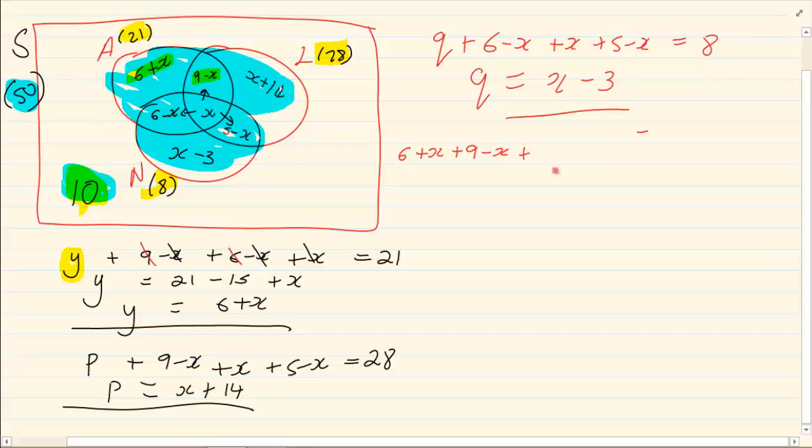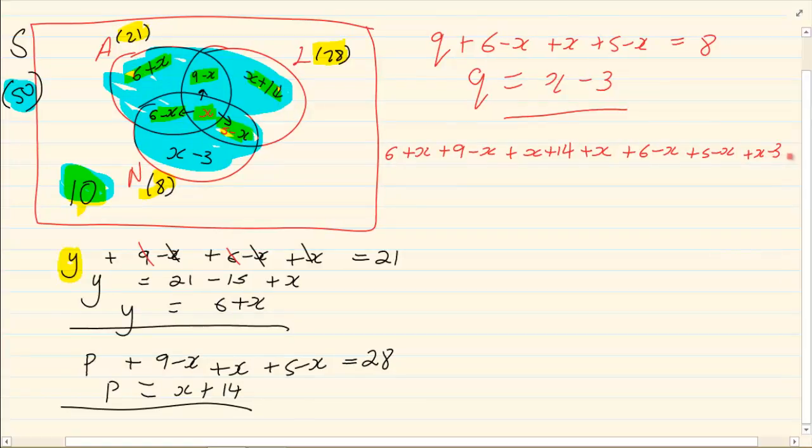Then I've got plus x plus 14, plus x, plus 6 minus x, plus 5 minus x, plus x minus 3, plus your 10. Remember, we're talking of the entire sample space, so I need to include the 10. Plus 10 is equal to 50.